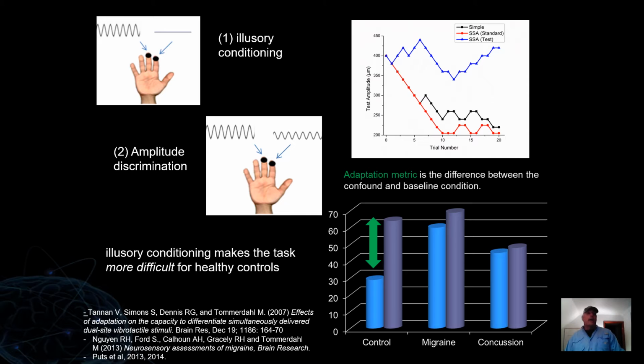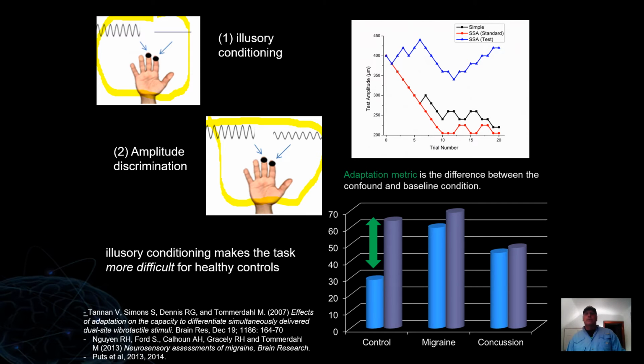Okay, let's look at what happens when we modify the amplitude discrimination task. Now, remember, with the amplitude discrimination task, we're just asking which of two stimuli is larger. In this case, we're doing the exact same task, and that is being done over here. But before we do that, we're doing some illusory conditioning.